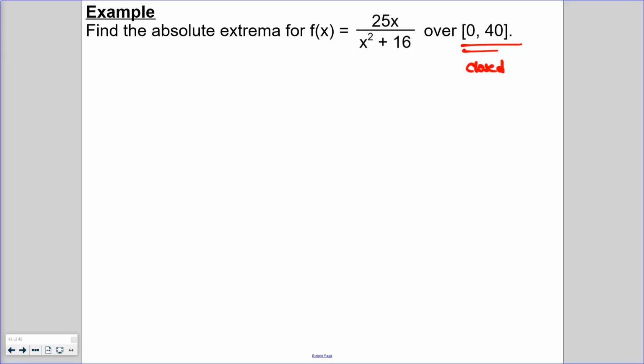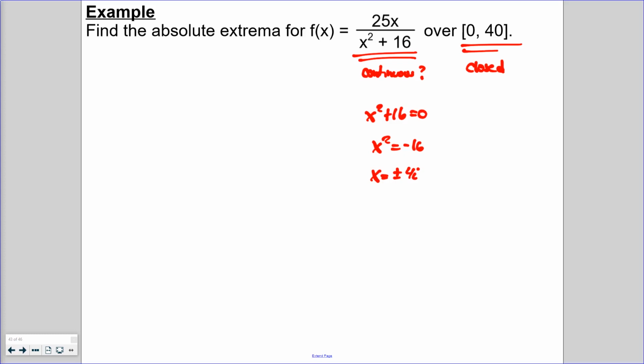To do that, we'll take the denominator and set it equal to 0. Solving for x, we get x squared equals -16, so x is plus or minus 4i. Unfortunately, 4i is an imaginary number, which means it's not part of real number calculus.